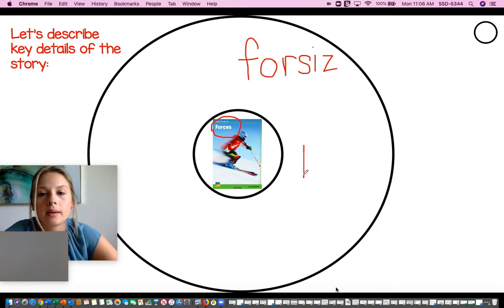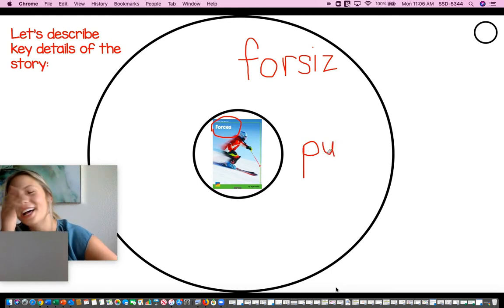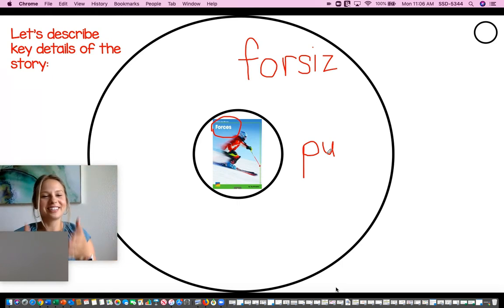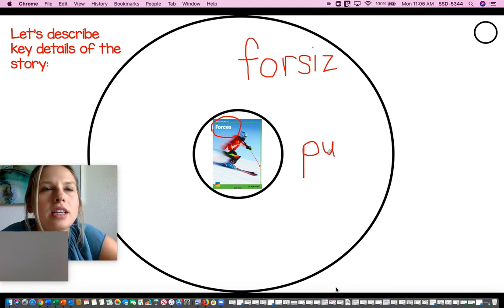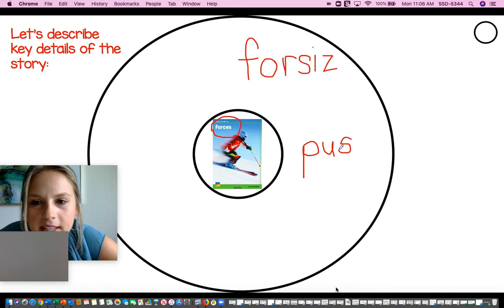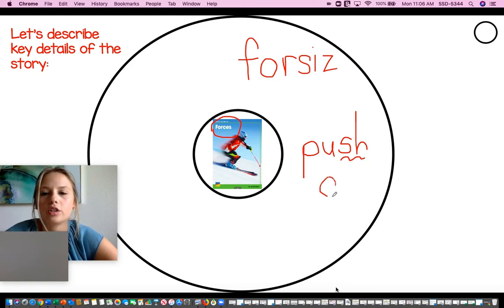P, U. Hey, that's our letter this week, but we're learning about long U. Long U. And that's short U, right? What makes the sh sound? SH. We know SH make a sh secret sound. Sh. Push. And I'm going to draw a picture.